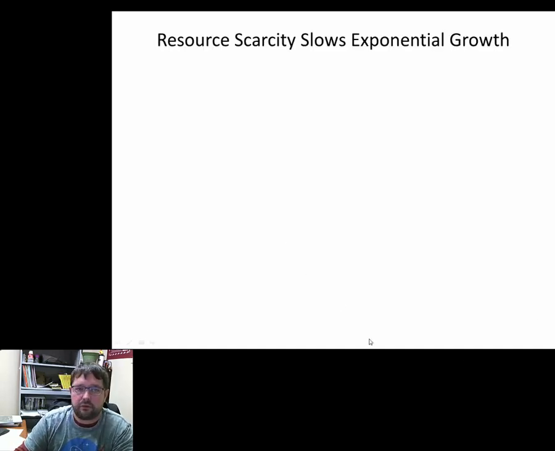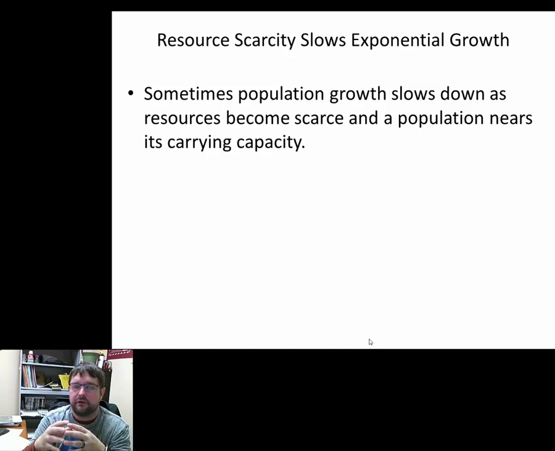So resource scarcity slows exponential growth. And so you get these areas where either food is scarce, or habitat is scarce, or water is scarce, or predators increase, and that really can change the population dynamics and make species teeter around the carrying capacity.